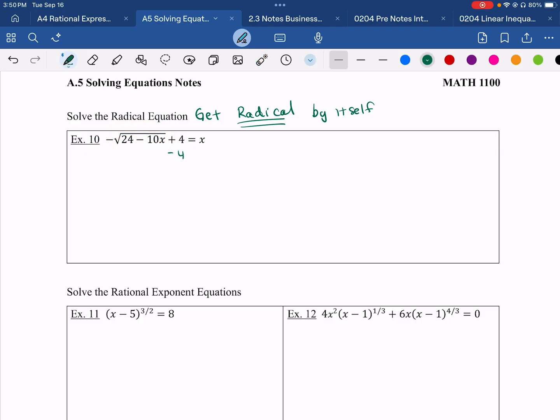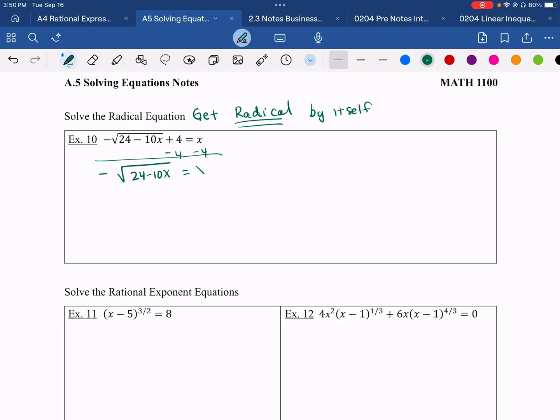I'm going to subtract a 4. I get negative square root of 24 minus 10x equals x minus 4. I'm going to divide by the negative 1. That means I divide everything by negative 1. I divide the x by negative 1 and the 4. So I get negative x plus 4 equals the square root of 24 minus 10x.